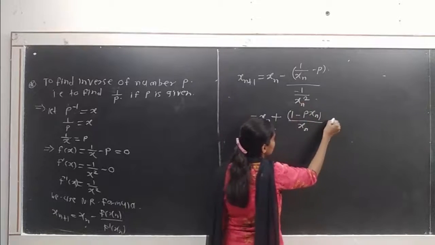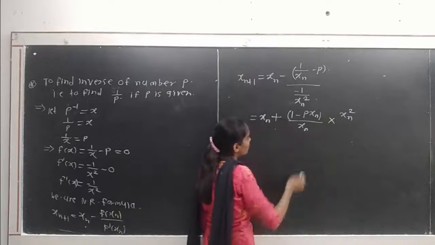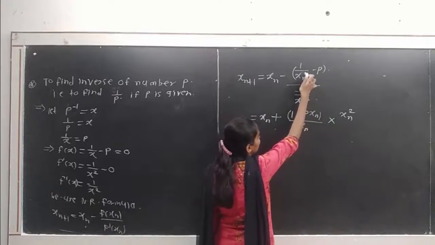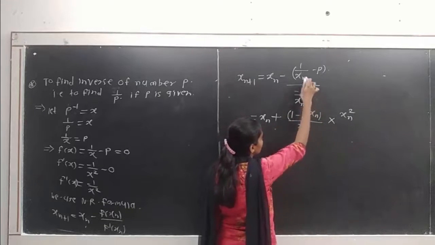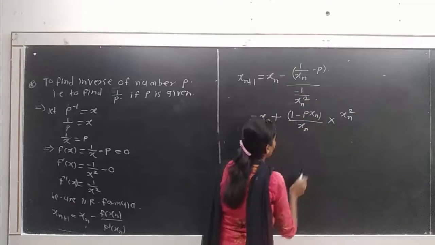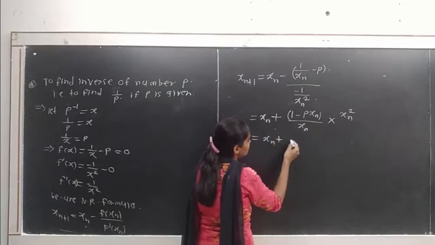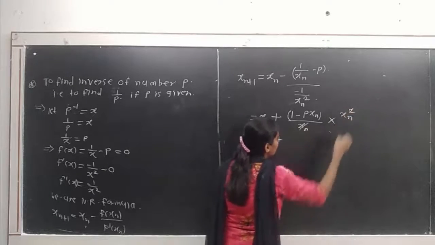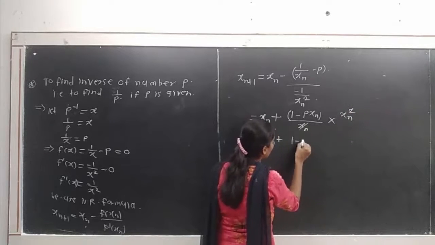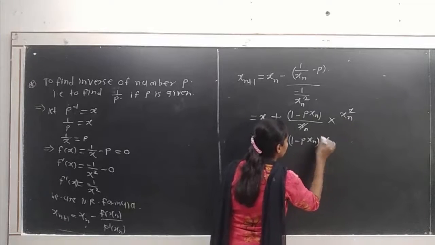Because this xn square is in the denominator, therefore this multiplies into 1 minus p xn, which is equal to xn plus 1 xn gets cancelled, we get 1 minus p xn into 1 xn.